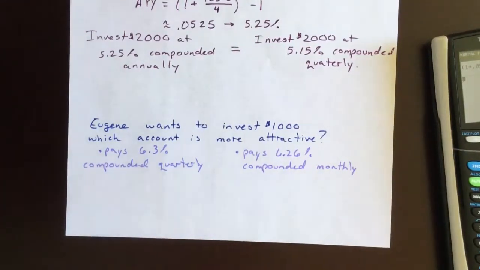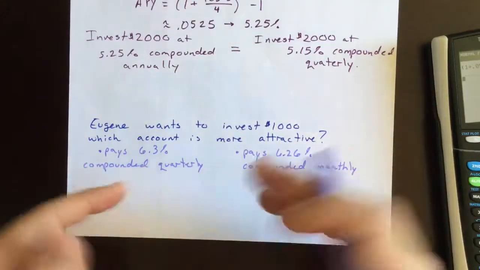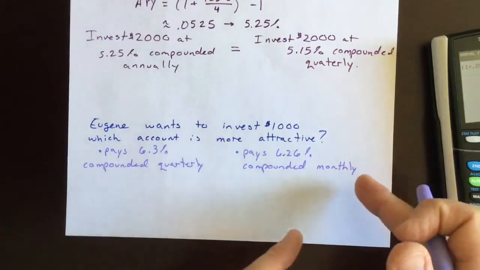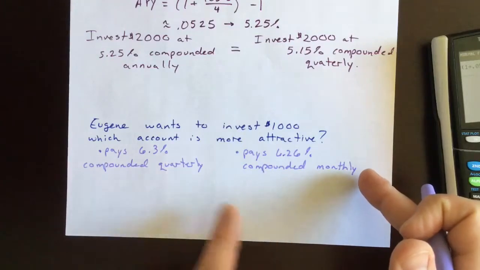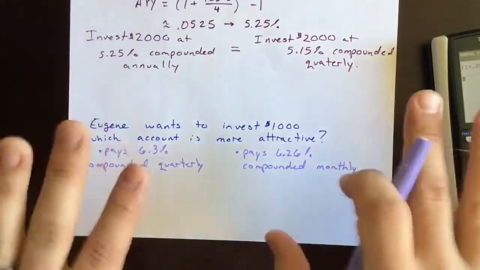So let's say we have this now. Which account is more attractive? One that pays 6.3% compounded quarterly, or one that pays 6.26% compounded monthly? So you might think, it's kind of like two arguments.